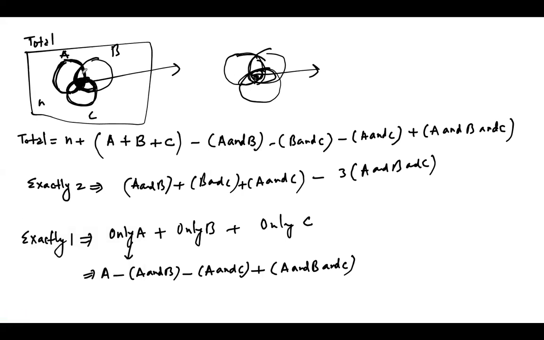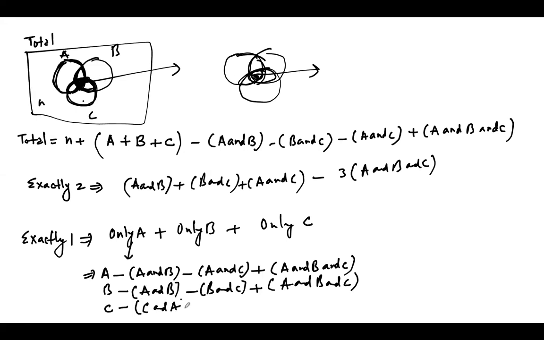B minus the intersection with A, similarly minus the intersection with C, and you need to add again A and B and C. The same way for C: the intersection of C with A and the intersection of C with B, plus again the triple intersection. Same thing we are doing, cyclic or symmetric.